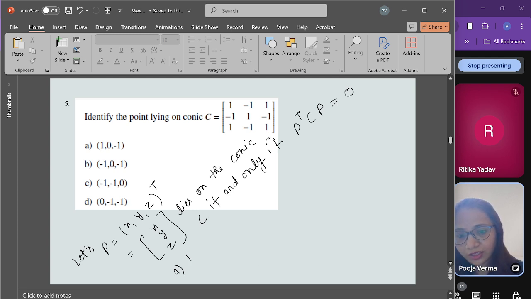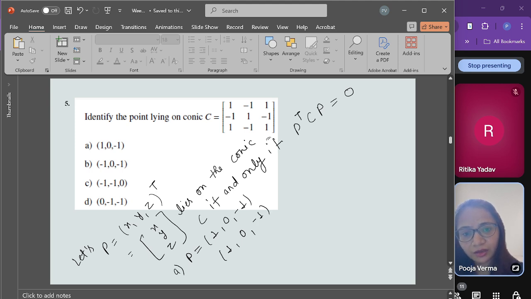Let's say I am taking this point P is equal to 1, 0, minus 1. So what is the formula? P transpose C P. P transpose means 1, 0, minus 1.